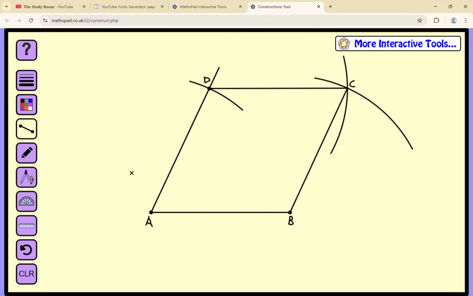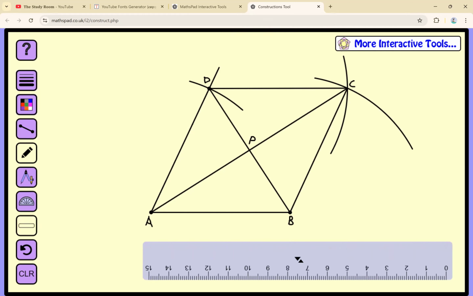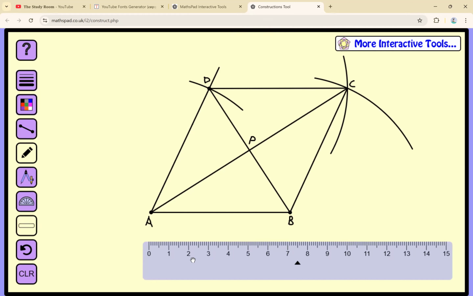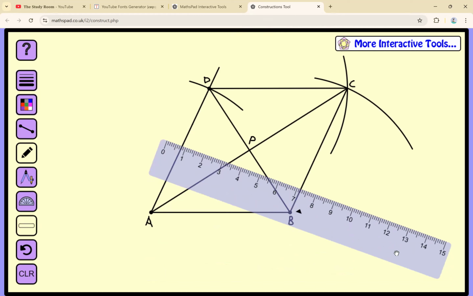The last thing they want us to do is draw the diagonals AC, and then after that, BD. Then the intersection point would actually be called P. Then they want us to measure the length of BP. I'm not sure how to rotate this. You can rotate, yeah.